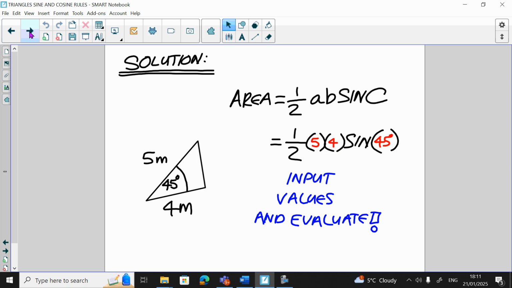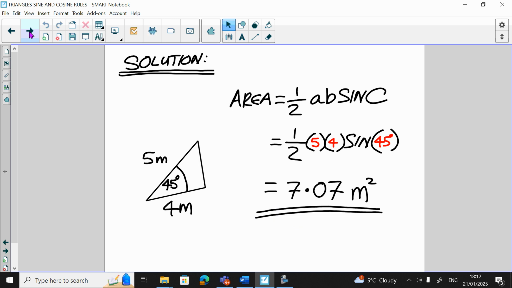If you put that in your calculator, what's a half times 20? It's 10 times sine 45 is, oh, it's 10 over root 2. That would come out to 5 root 2, 7 and a bit. Yeah, okay. If your calculator's giving you something like 5 root 2, that's the same as that, except this is a decimal answer.